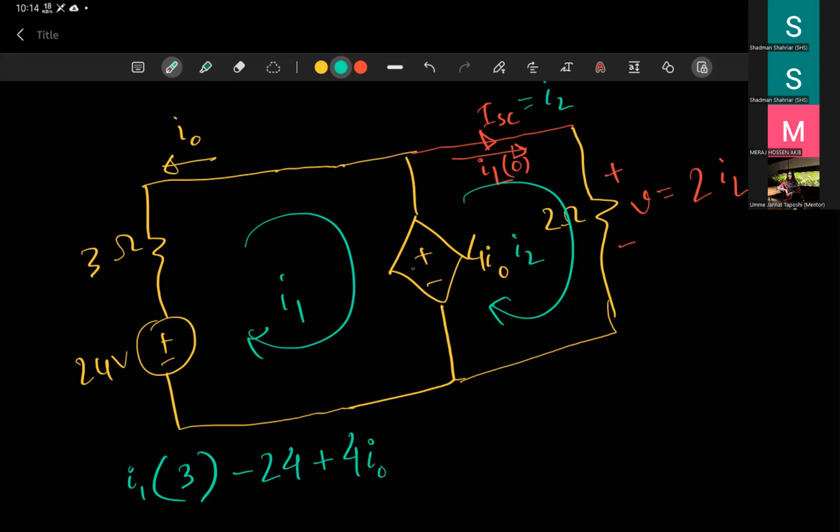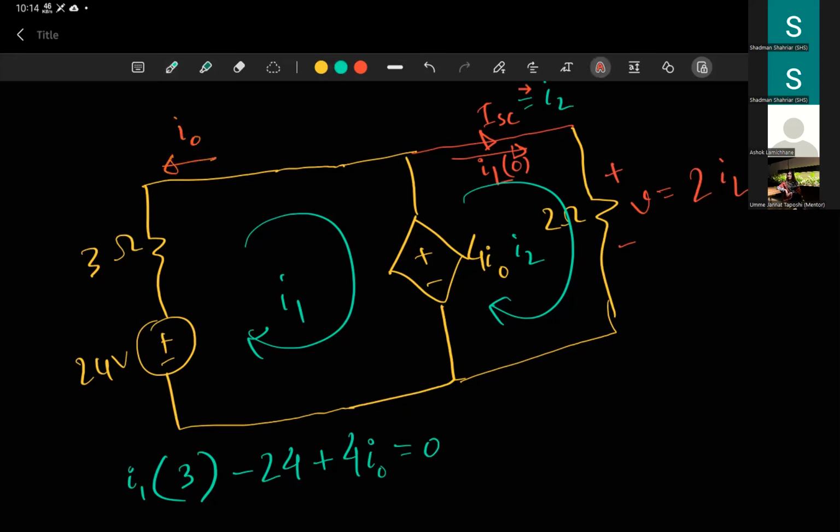Another thing, what's the value of I naught here? This is probably I1 minus I2. What is I naught? Just tell me what is I naught. See in this circuit anywhere. Minus I1. So this is your I naught, right?